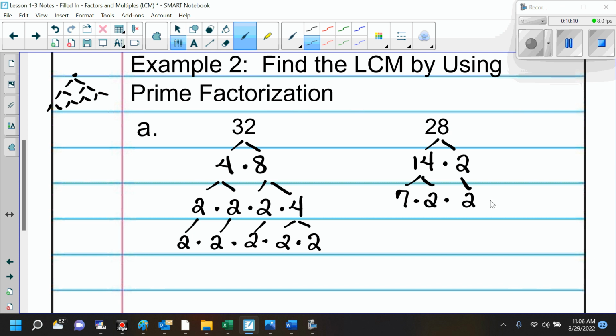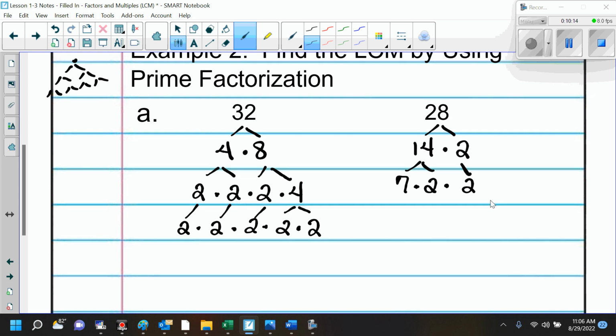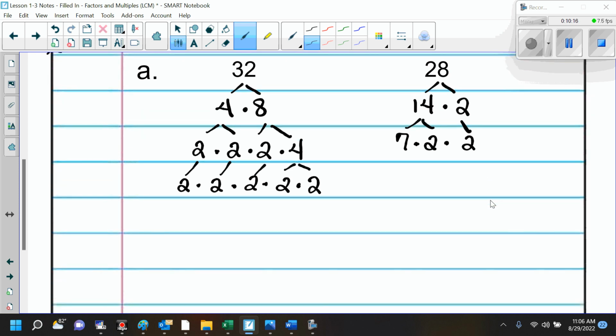So step 1 here is to get the prime factorization. Okay? Now we want to organize so we can circle. So we've got 32. This is 2 times 2 times 2 times 2 times 2.